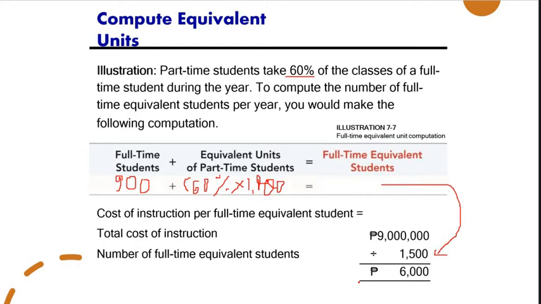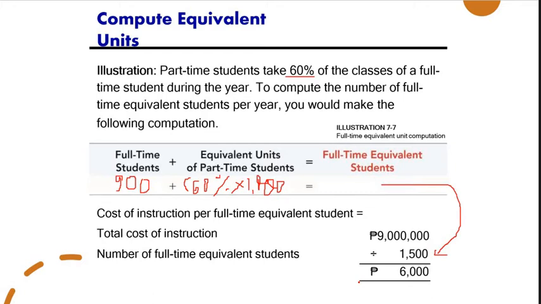A process cost system uses the same idea, which they call the equivalent units of production. As I said earlier, the meaning of equivalent units of production is a measure of the work done during the period expressed in fully completed units.